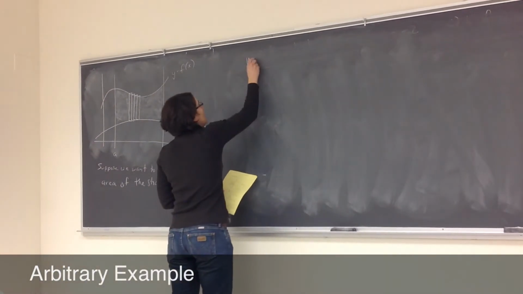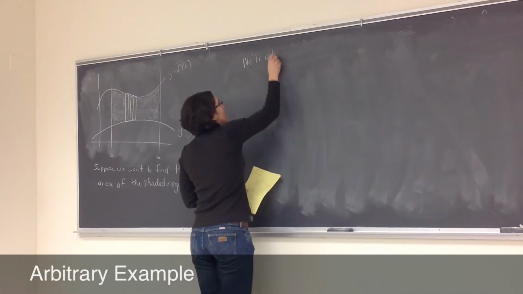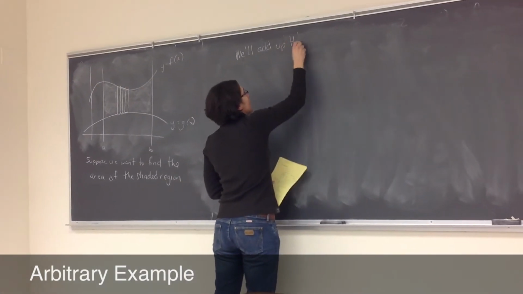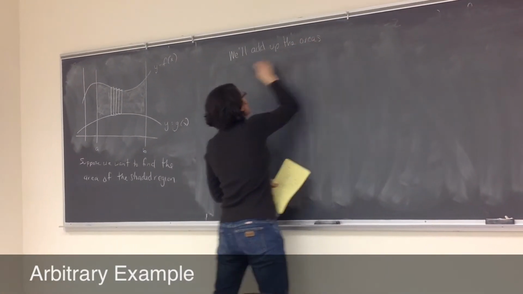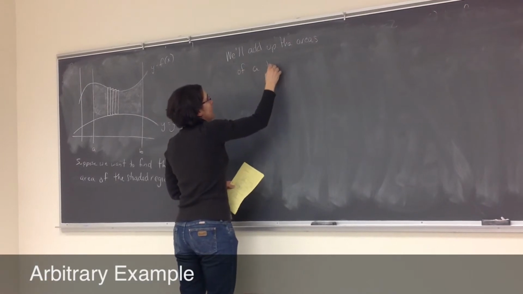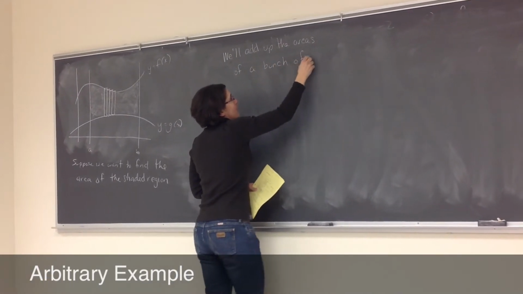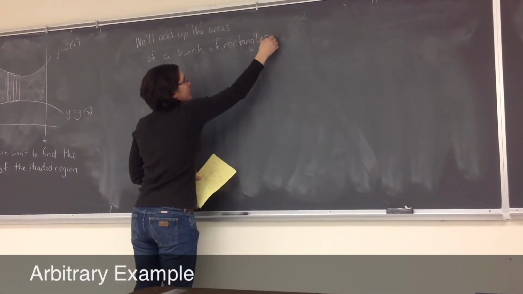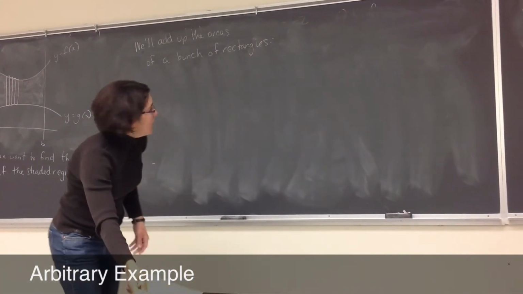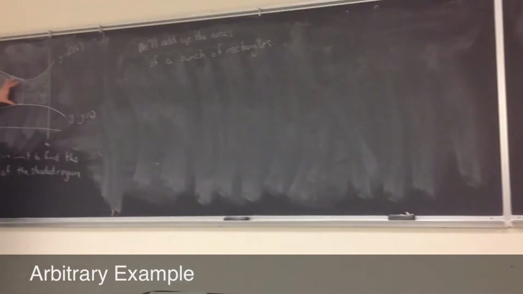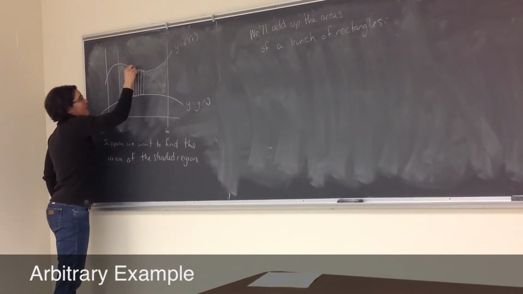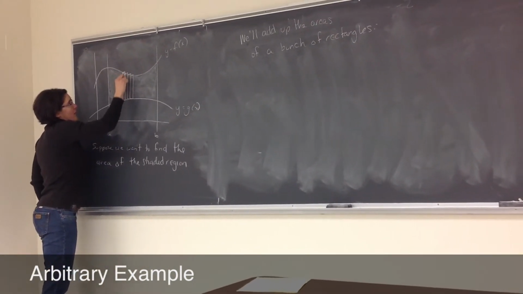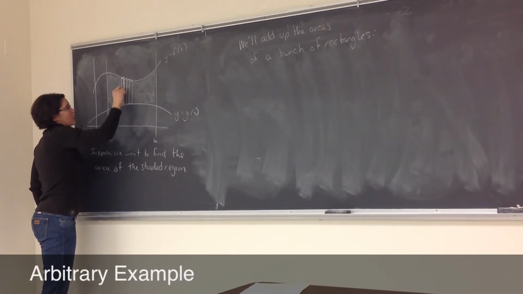Okay, so we'll add up the areas of a bunch of rectangles. Alright, so I'm going to focus on a generic rectangle right here in the middle. In fact, I'm just going to focus on the one that I drew first. I'll make that one extra dark.